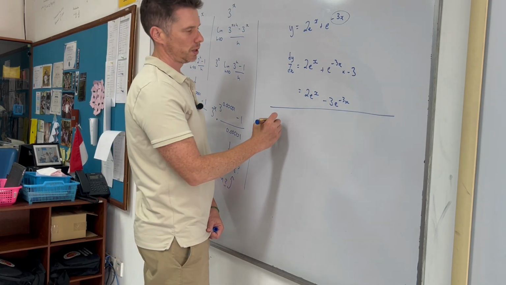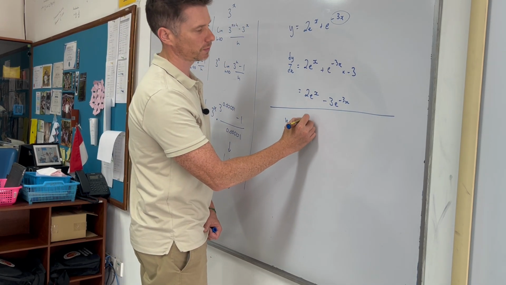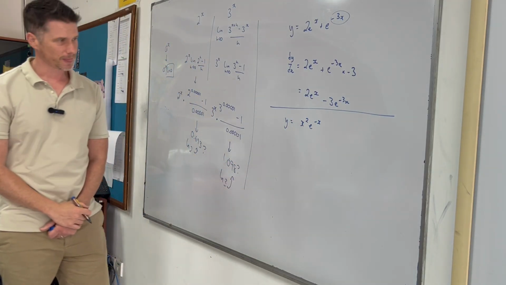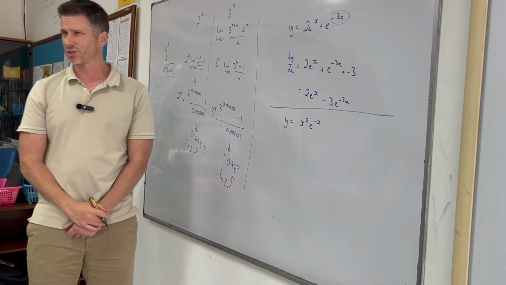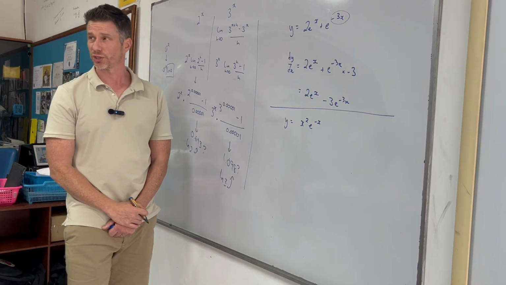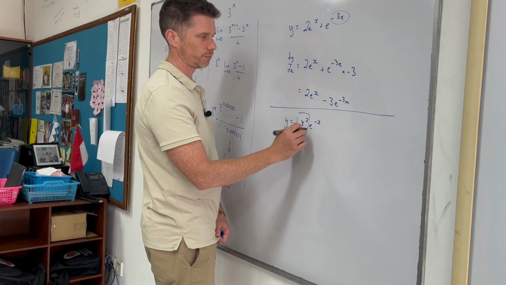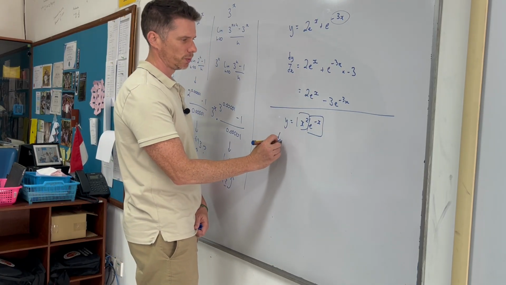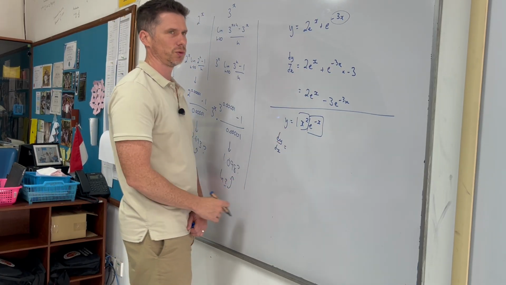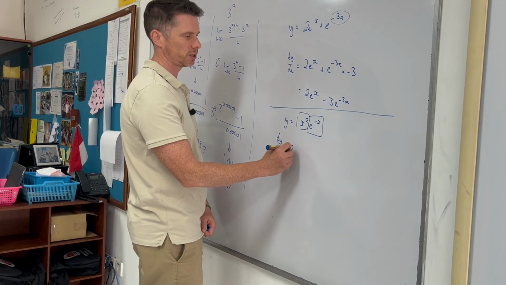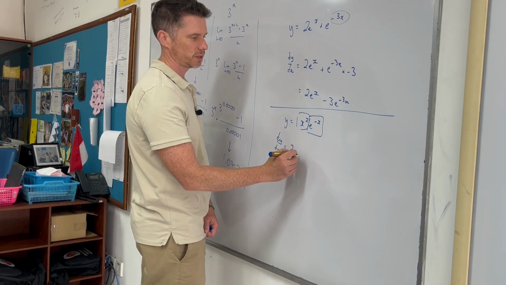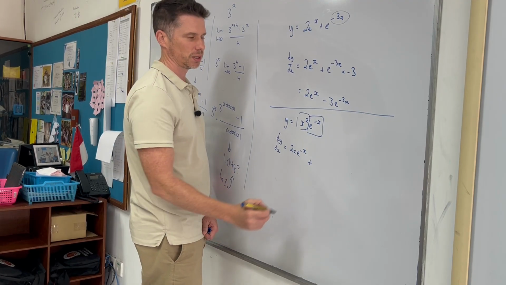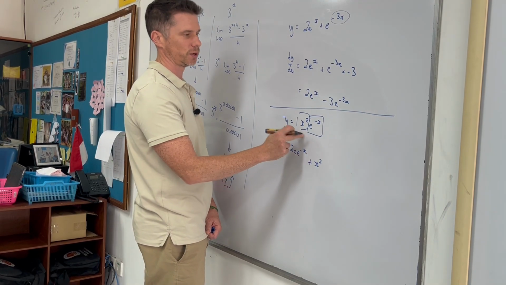Second one, we have now this function, x squared times e to the negative x. There are 2 functions together here, aren't there? Product rule, yes. Here's my 2 functions. So with my product rule, I'm going to do the derivative of the first times the second, plus this x squared, the first times the derivative of this.